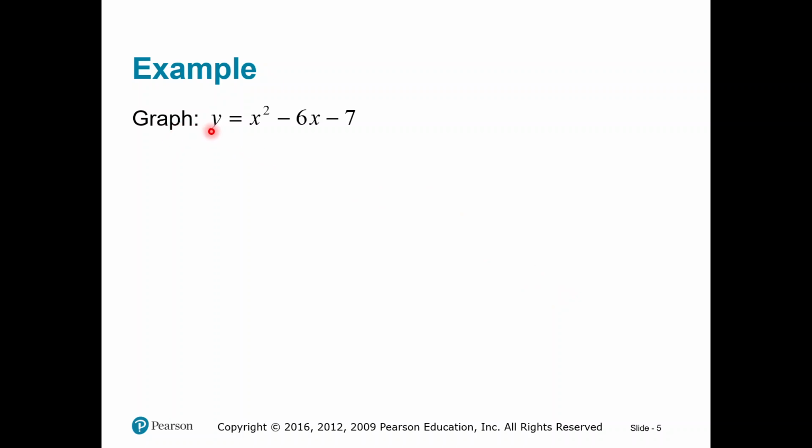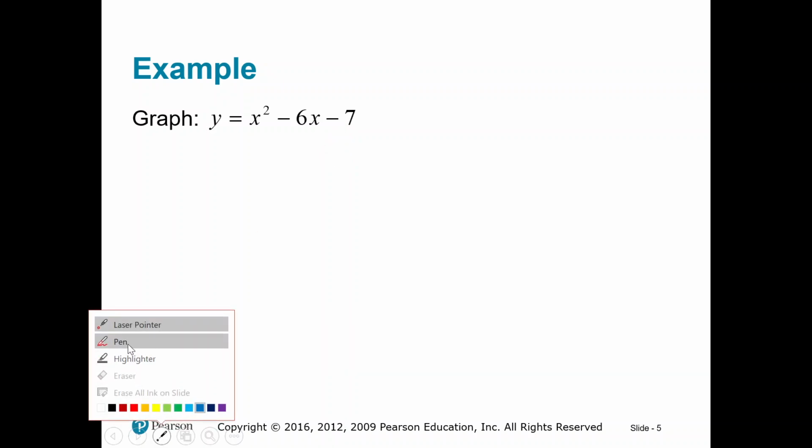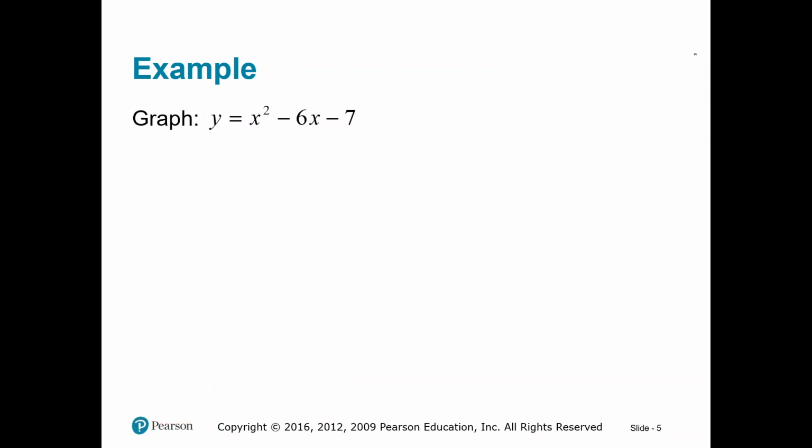Graph y equals x squared minus 6x minus 7. Now, looking at this, remember ax squared plus bx plus c.